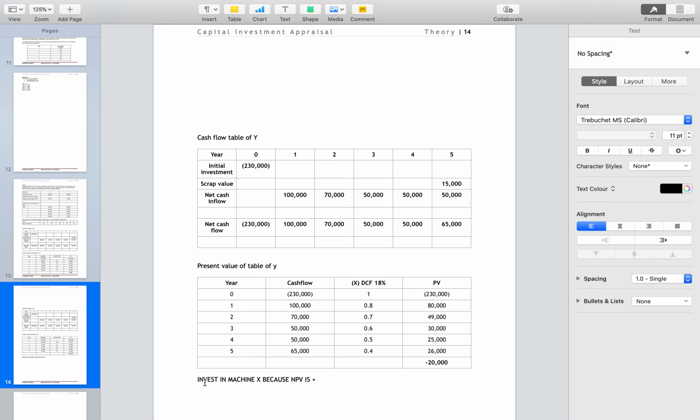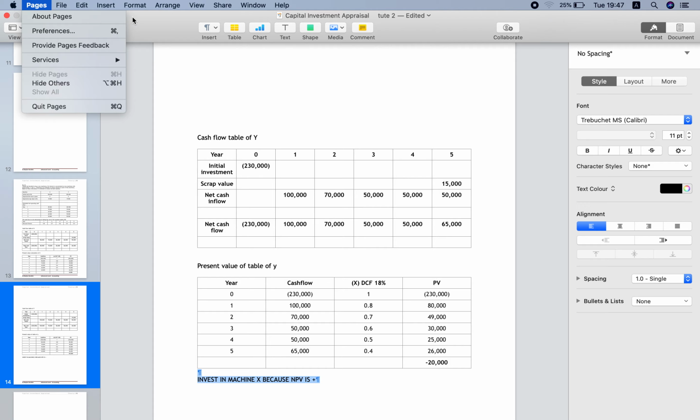Right, so remember, two machines were given to me. When I calculated the present values, first one was a positive and second one was a negative. So as per theory, you have to always invest in a project where the NPV is positive. So therefore here the obvious answer is we have to invest in machine X.